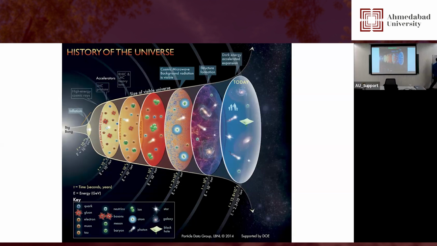Initially the universe was dominated by radiation, then eventually it got dominated by matter, which is baryons plus cold dark matter. And very recently, it got dominated by dark energy. How do we know that? Because dark energy would cause an accelerated expansion of the universe, and that's what we see today.